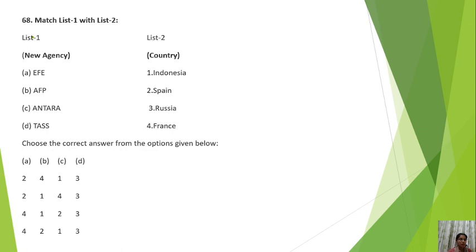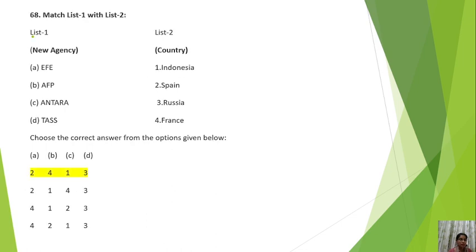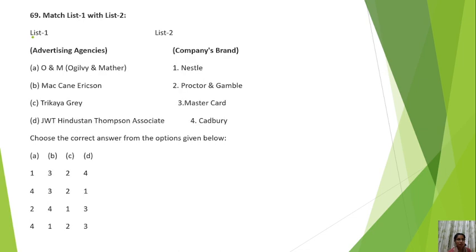TASS, the S stands for Soviet, so TASS is with Russia, which was earlier the Soviet Union. Antara, Indonesia. EFE, Spain. So the correct answer is, I again repeat, EFE, Spain; AFP, Agence France Presse, France; Antara, Indonesia; TASS, Russia.